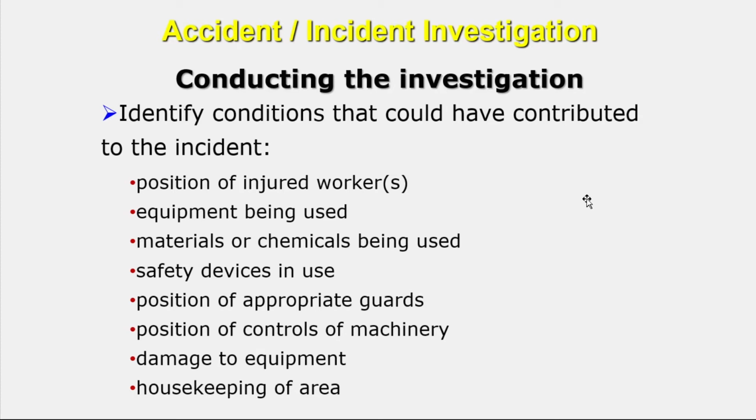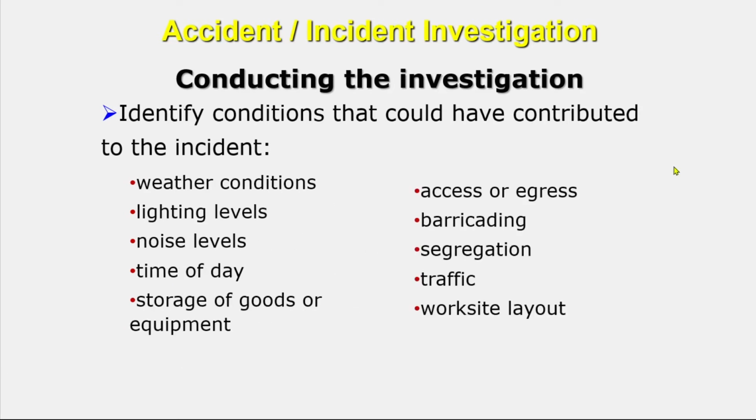Position of appropriate guards if they are working with machines or machine parts, so there is an appropriate evaluation of the machine guards. Position of control of machinery, damage to the equipment, housekeeping of that area, weather condition, light levels, illumination levels, noise levels, and time of day.